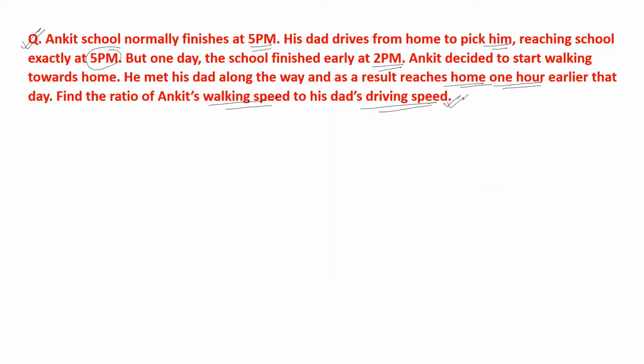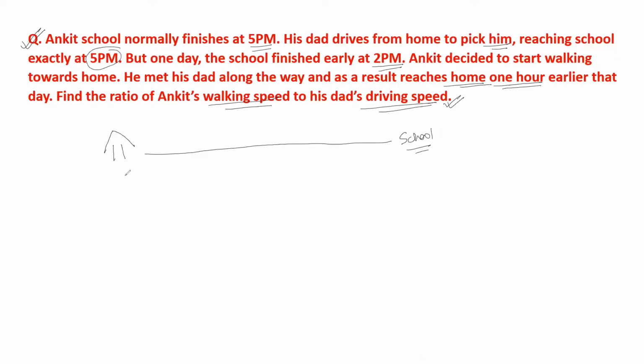Well, this is a very conceptual question which can be solved simply by using logic. So let us simply go by the logic. Let us assume this is Ankit's home and this is Ankit's school.